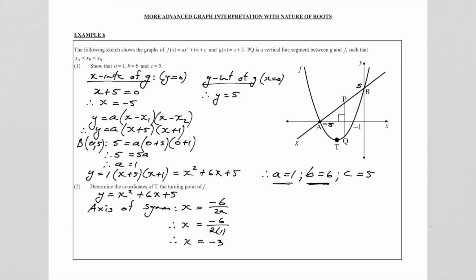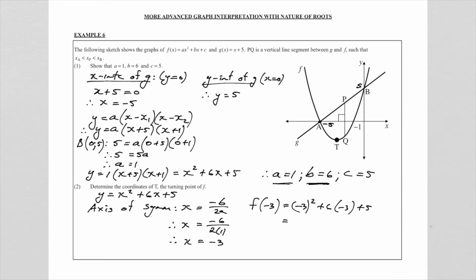Now we still need to find the turning point. So that means we must substitute this x = -3 into f(x). So we're going to work out f(-3), and we substitute this -3 into x. So we will get (-3) squared + 6 times (-3) + 5.